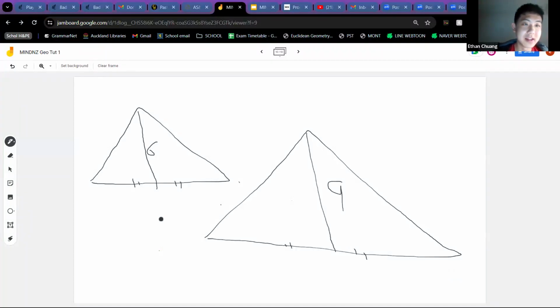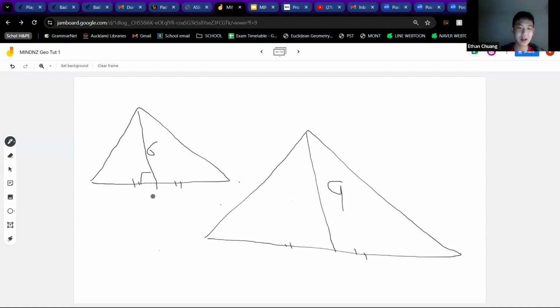I'm sorry, but I'm not understanding this solution. I think you've assumed that this is a 90-degree angle, so then you let this be x and the area is 6x. But that's not necessarily true. We didn't say that this is a 90-degree angle. This is why showing your working is very important.